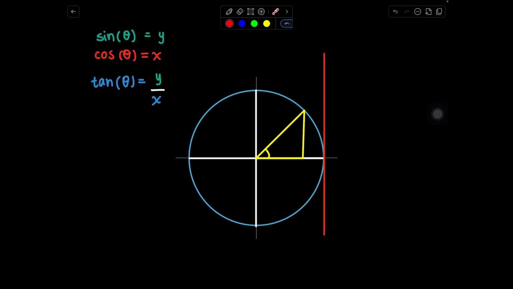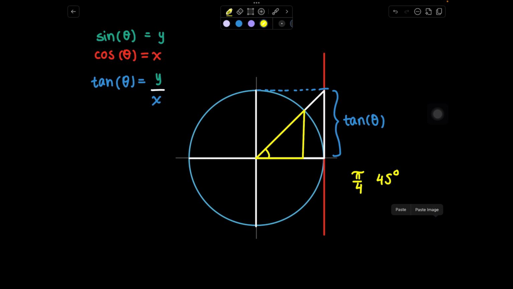What we can do is we can extend this line out until it touches that tangent line. And when we do that, the y value at that point, so this entire length, is our tan of theta. So in this case, the angle that we have is pi on 4, or 45 degrees.